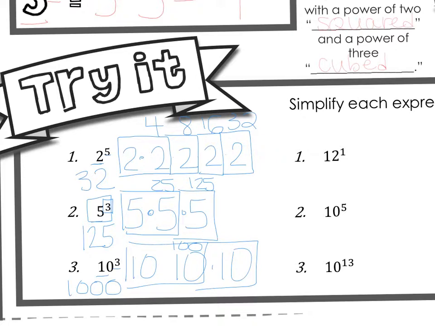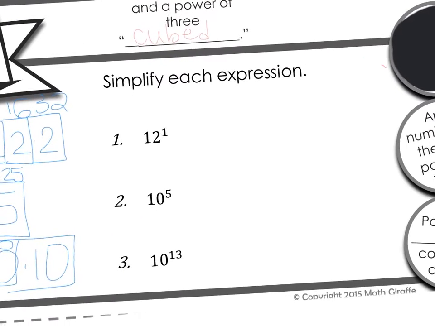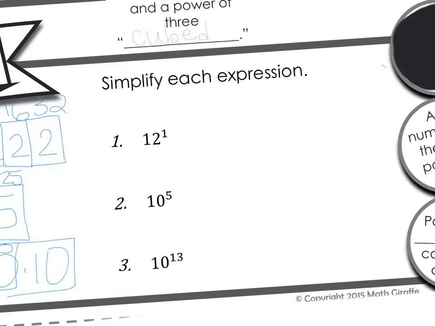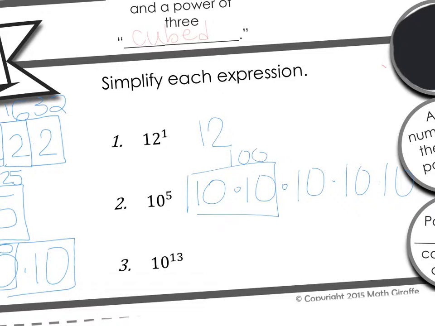Okay, so now I'm going to have you try these, and then we'll go over the answers. 12 to the 1st power means to do 12 times itself, well, just once. I only have 1 12, so that would be my answer. 10 to the 5th means to take 10 times itself 5 times. So when I do 10 times 10, I get 100. So what I really did is I kind of collected those zeros and put them together.